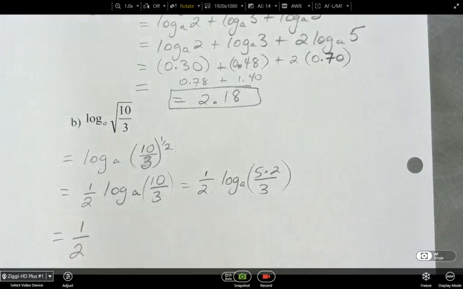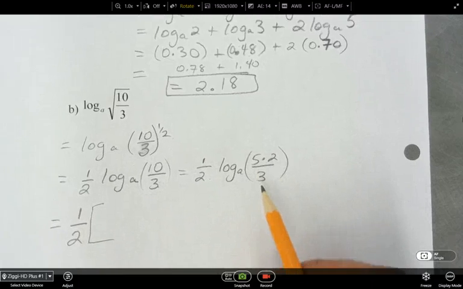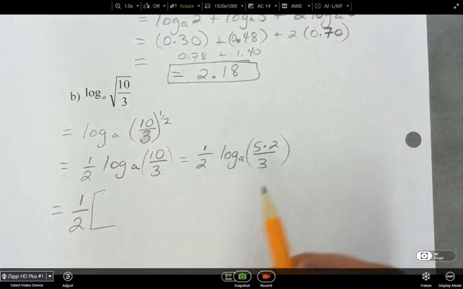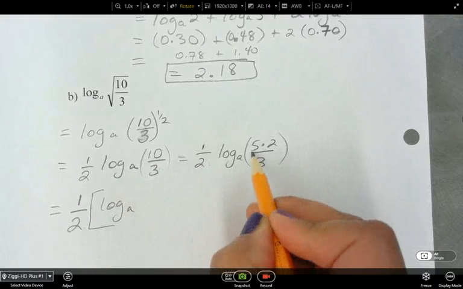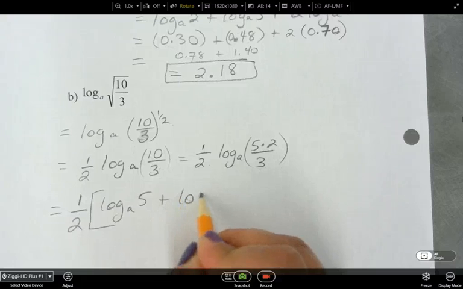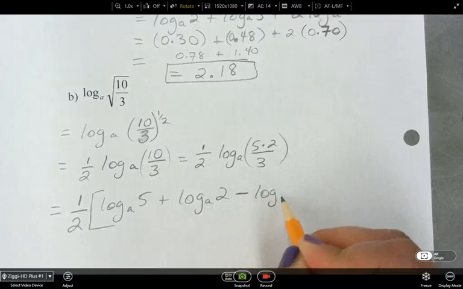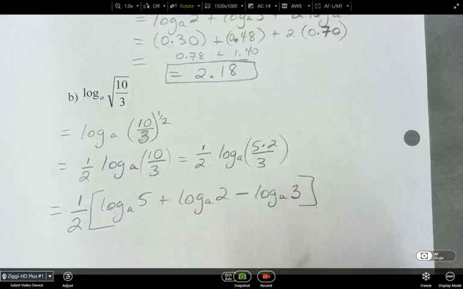I could either put a big bracket around here and then split all of this up, or I can put the 1/2 on everything. Your choice. So let's put a big bracket out in front and then split this up. So log A5 plus log A2, and then minus log A3.